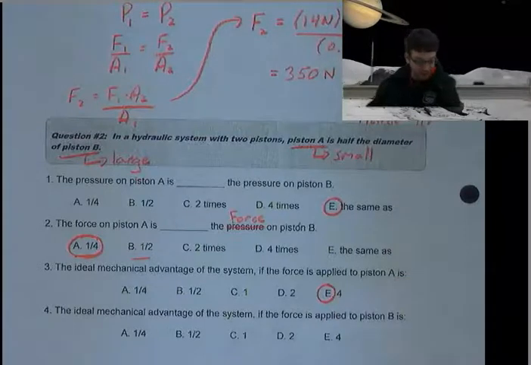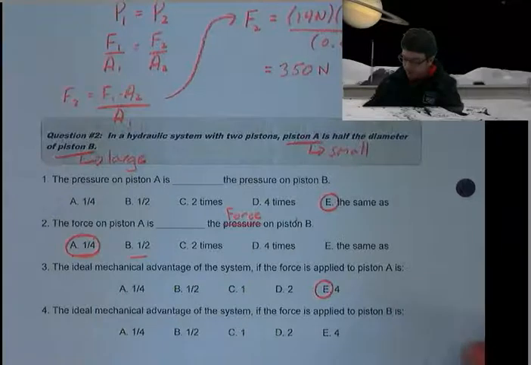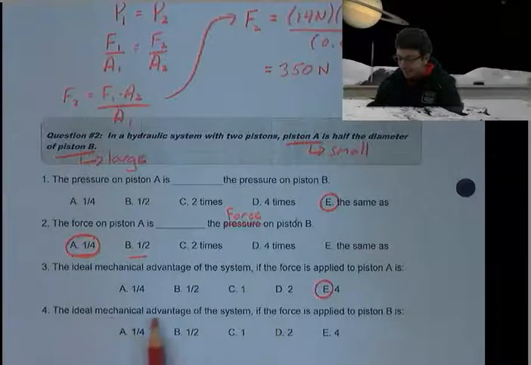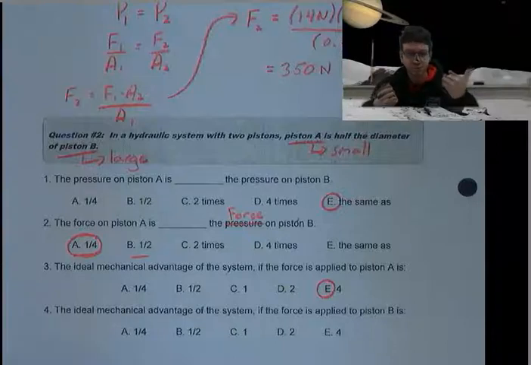You're just taking the ratio of your large force over your small force. So it's 4 over 1. Now the ideal mechanical advantage of the system, if you apply a force to piston B. So if you apply a force to the large one, you get a much smaller force coming out of the small one.